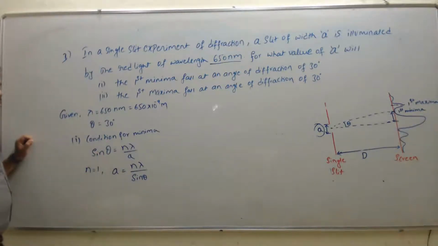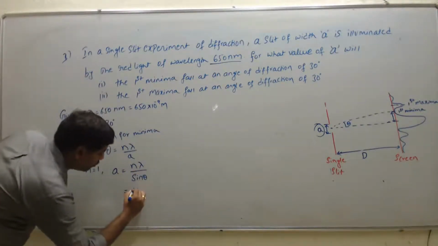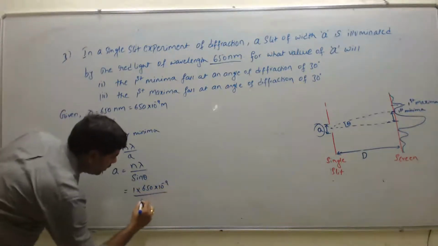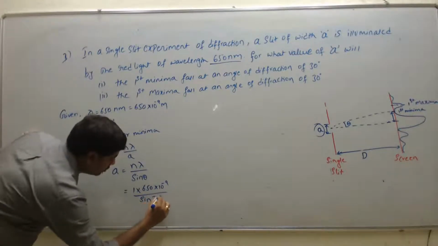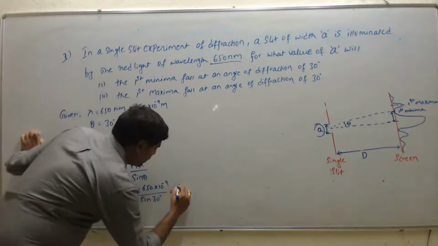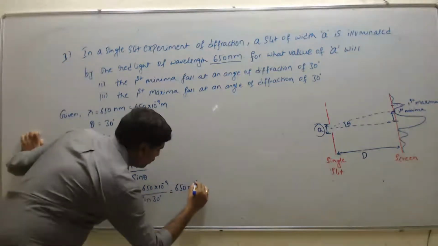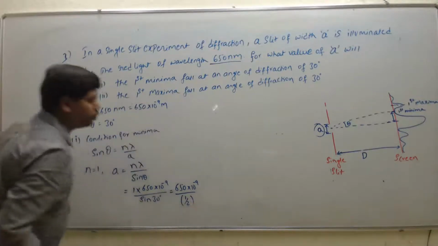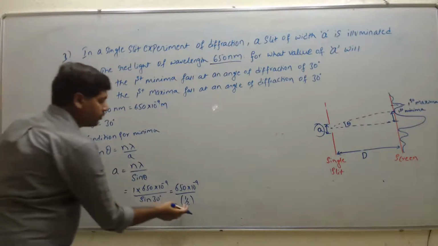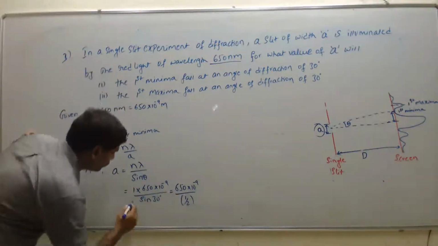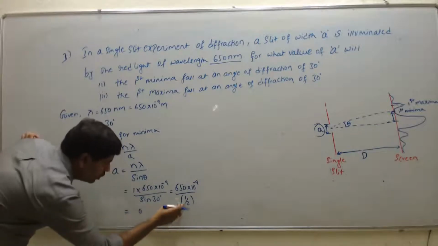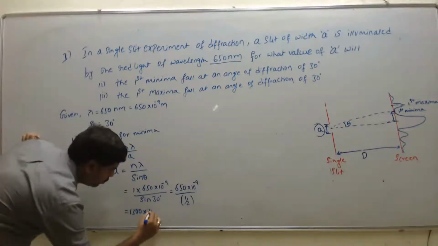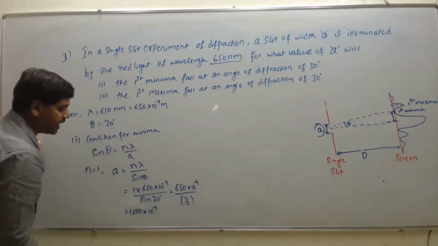They gave the angle 30 degrees. So if we substitute the n value 1, lambda value 650 into 10 to the power of minus 9, divided by sine 30 degrees. The value of sine 30 is 1 by 2. So next, 650 into 2, we get 1300 into 10 to the power of minus 9.